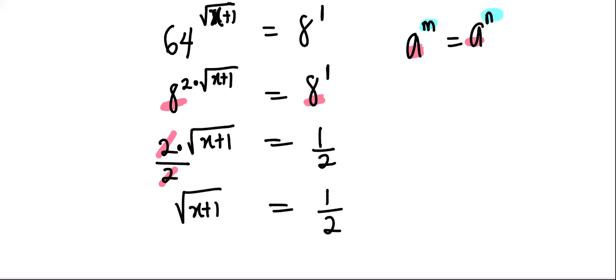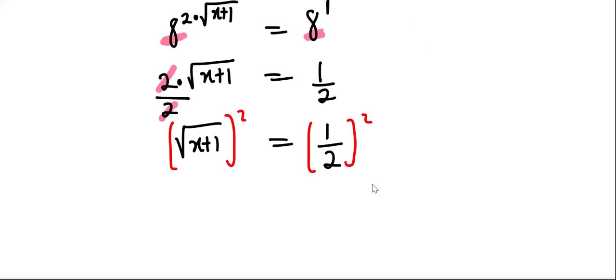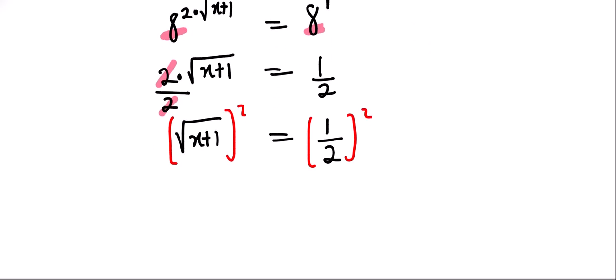Next is to square both sides to get rid of the square root. By squaring both sides, the square root cancels out the square, and I'm going to have x plus 1 equals 1 over 4.